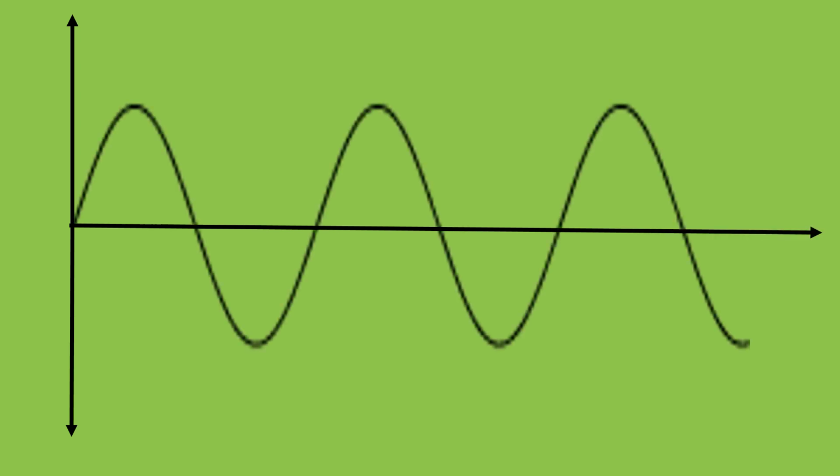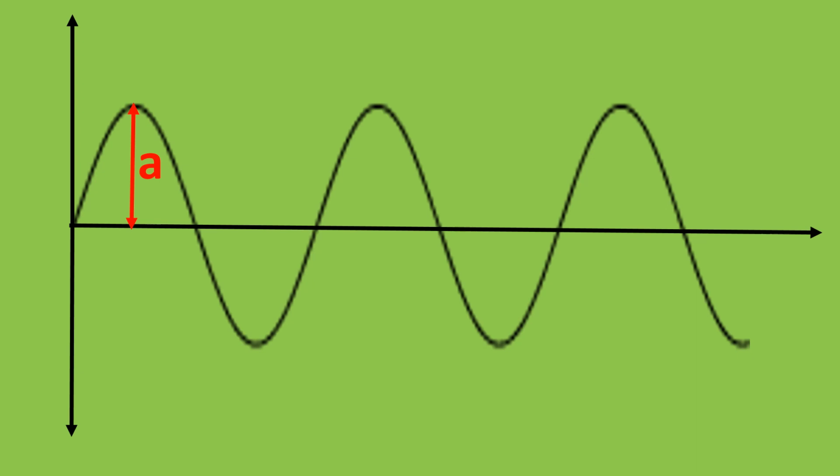Let's now represent amplitude on a wave like this wave here. Since we had said that amplitude refers to the maximum displacement of a wave from the mean position, then this can be the distance from the x-axis to the crest.